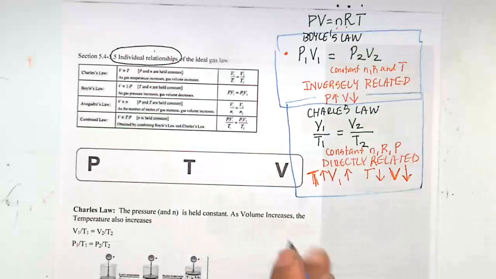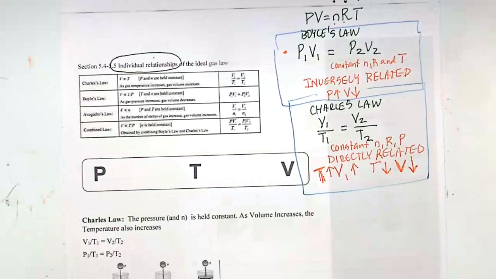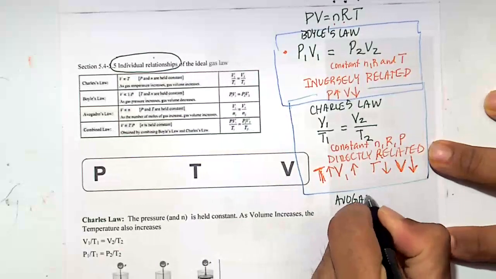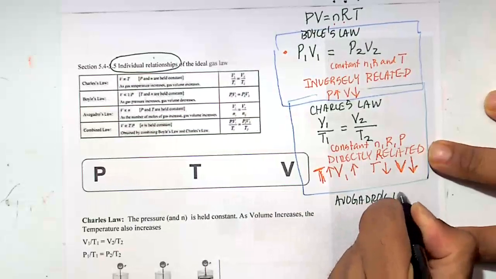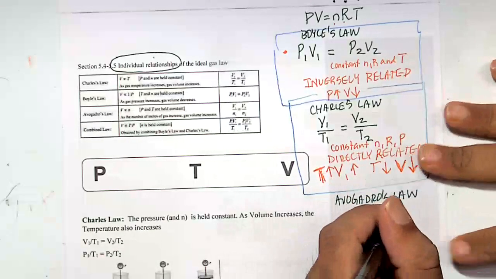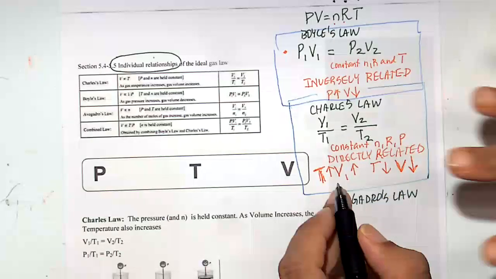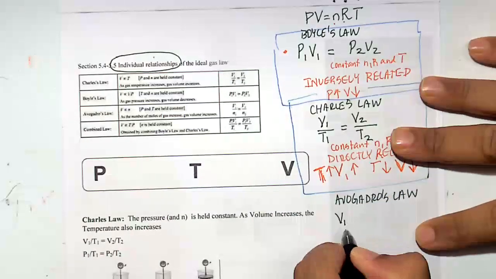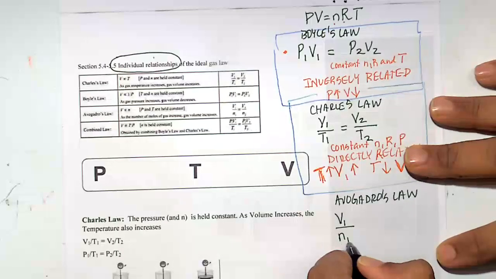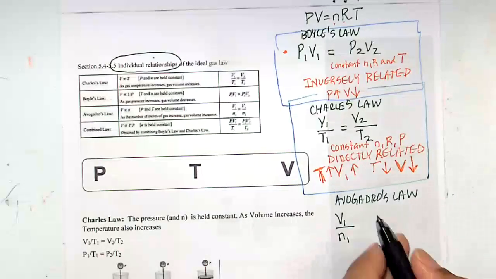Right, the next individual law that I'd like to tell you about is called Avogadro's law. In Avogadro's law, we have some volume V1, and there's a number of moles inside that volume.